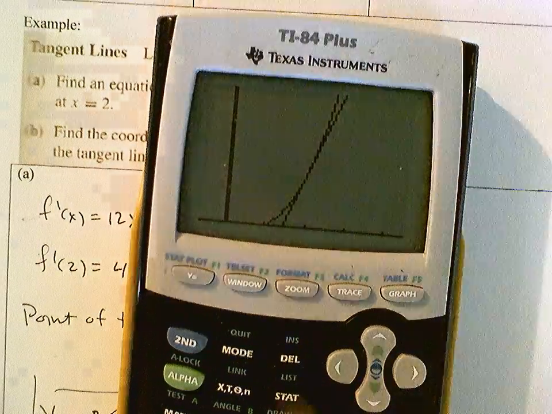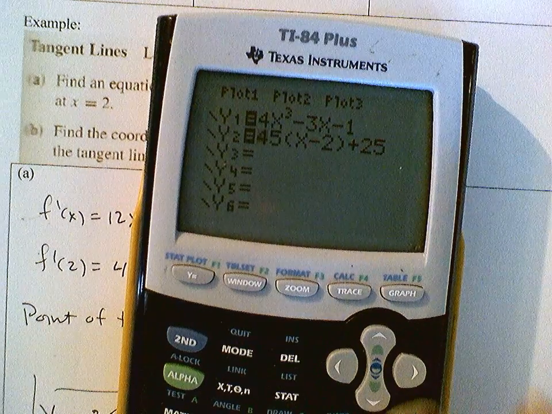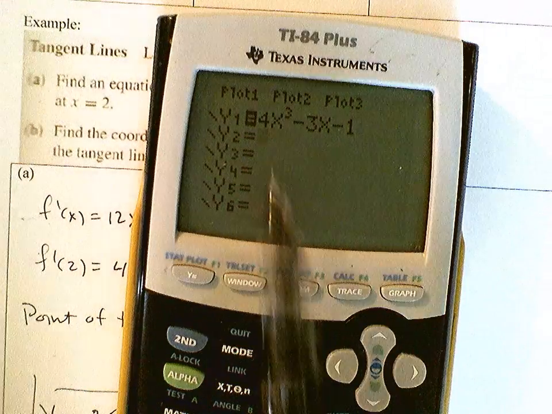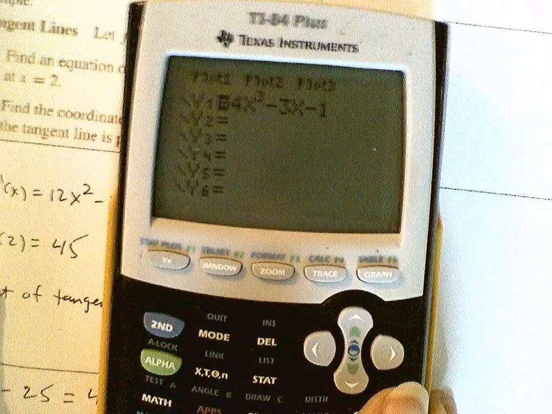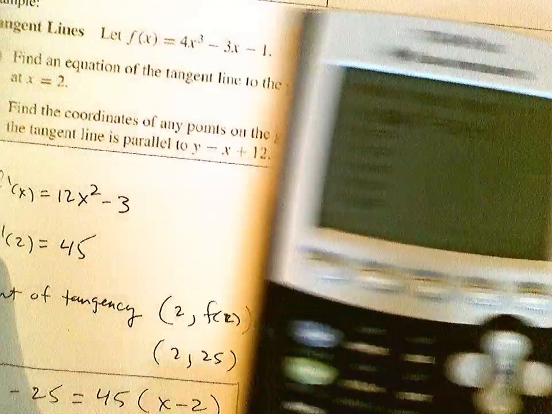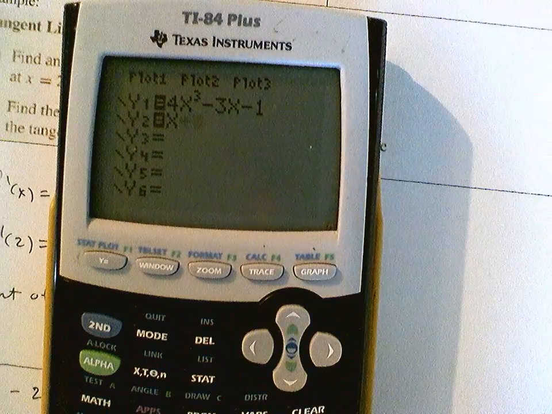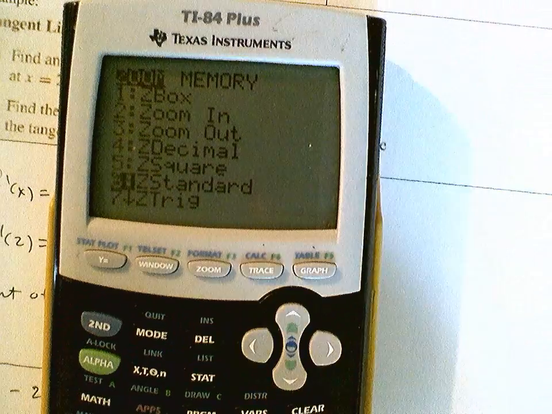I'm about to. All right, so I'm going to go back to y equals. I'm going to erase the tangent line at the x value 2. And I'm going to graph this function f of x along with the line that they're giving me, x plus 12. I'm going to graph it in a standard window, so I'm going back to Zoom 6 or Zoom Standard.